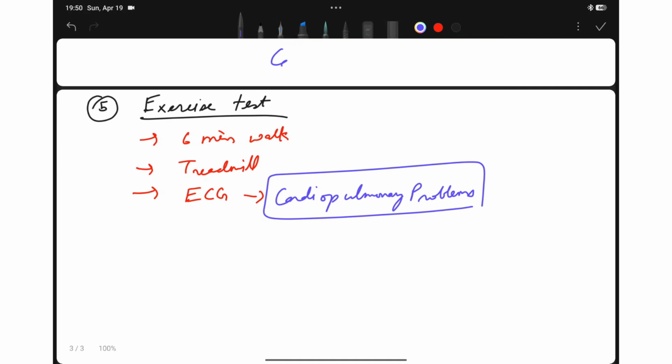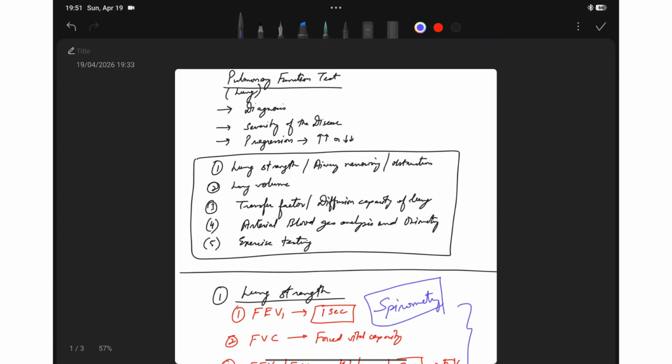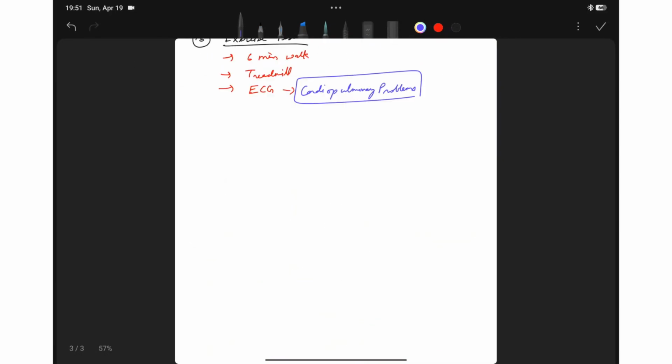So in the fifth category, we can also place ECG to know about some cardiopulmonary problems the patient is suffering from or facing. So these are the 5 things which we test under our lung function test or pulmonary function test.